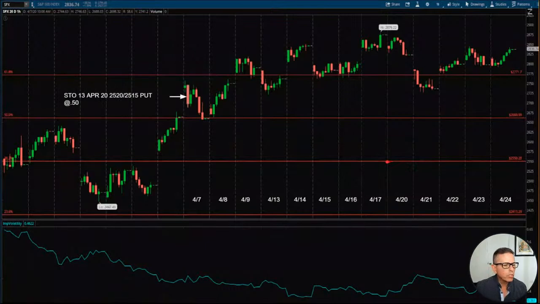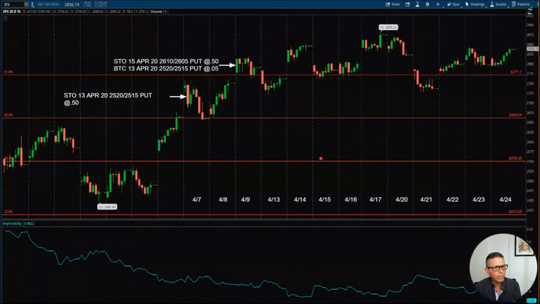All right. So the first trade I put on was a 2520 2515 put spread, and then after that I put on the call spread for the same expiration, and I closed the first position. So it was basically 2 days after I put on that position that I closed it.